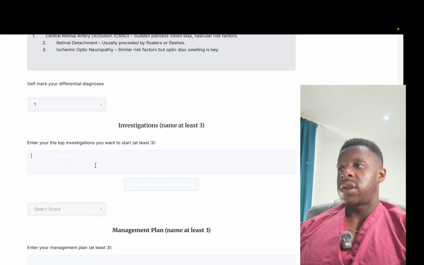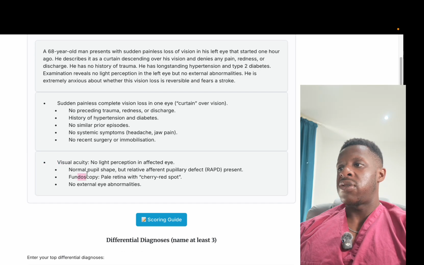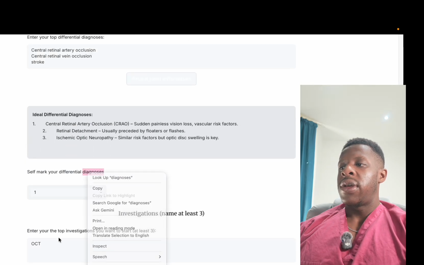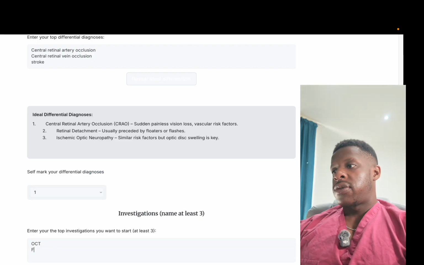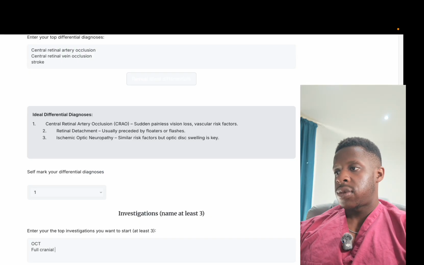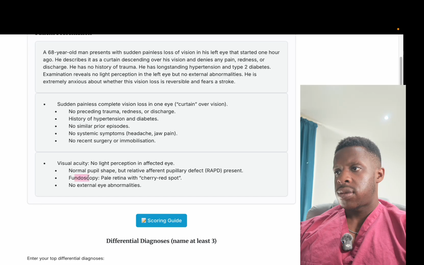Investigations probably say the same thing, like OCT. Probably full, I mean, he's done a visual acuity test, so probably cranial nerves too. Maybe full cranial nerves. Consider CT head if we're thinking stroke.